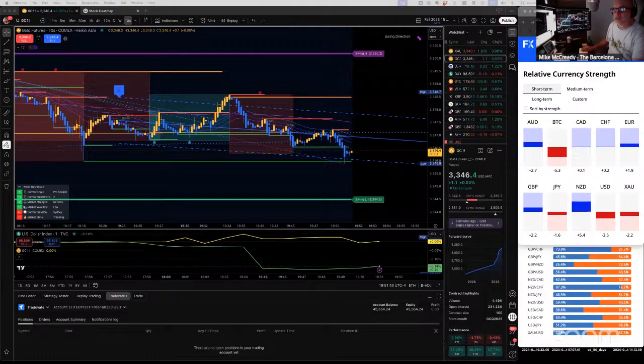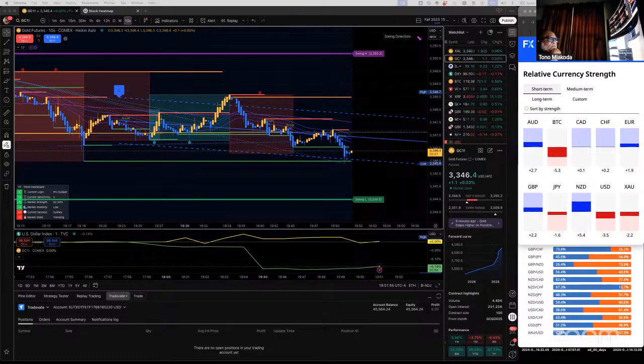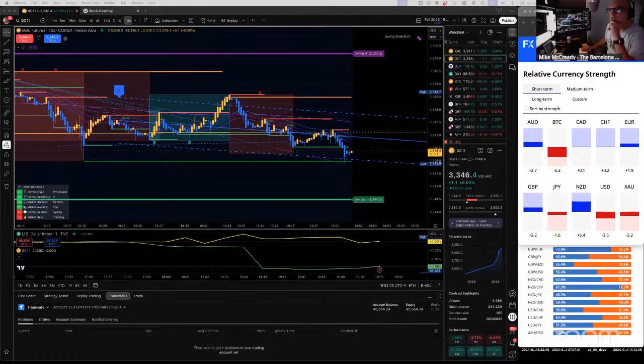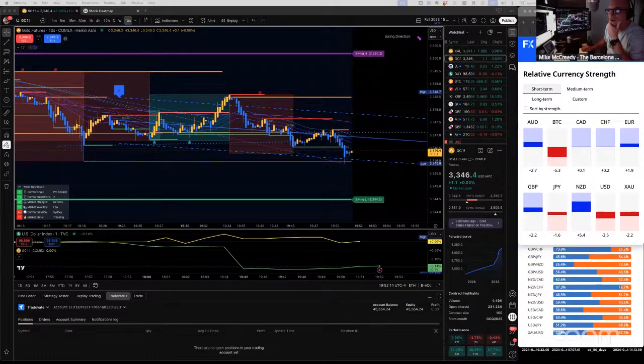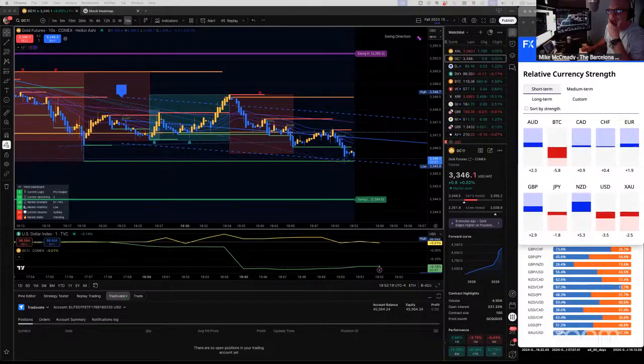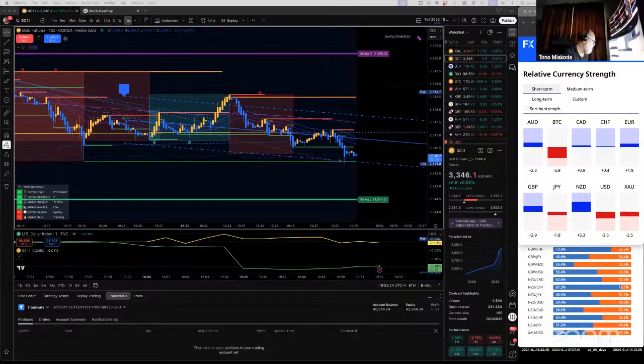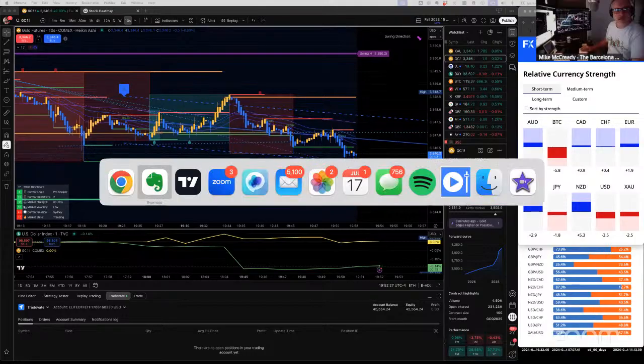Let's see. No, wait a minute. ChatGPT is hallucinating again. It said we had CPI tomorrow, but we don't have CPI tomorrow. We have consumer sentiment, which is an orange folder at 10. But otherwise, we don't have any red folders tomorrow. Oh, man.